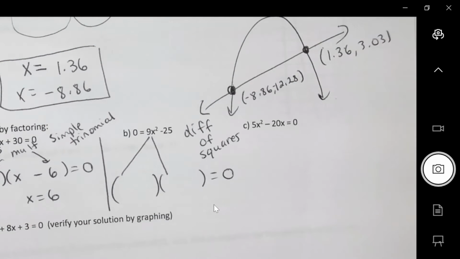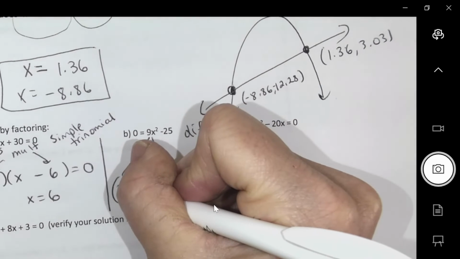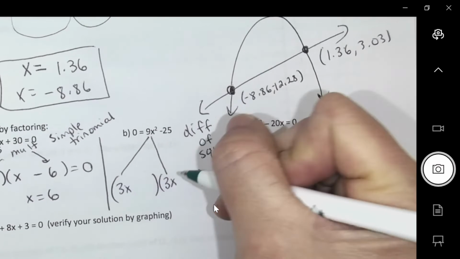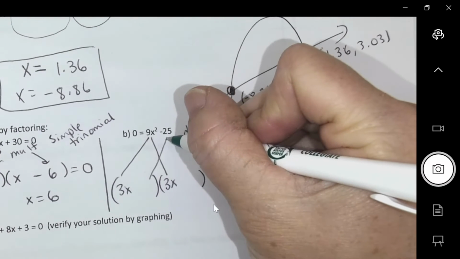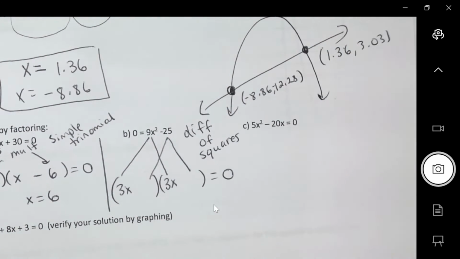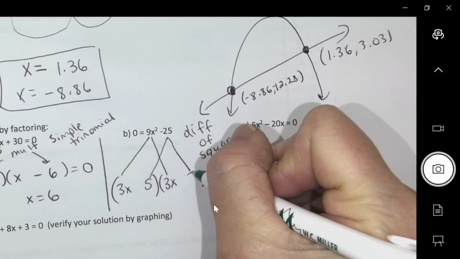I have to think of what times what makes 9x squared, and it will be the same thing. So 3x times 3x would make 9x squared. Then in the last spot, I have to think what times what makes 25, and I'm always trying to think the same thing. So 5 times 5.